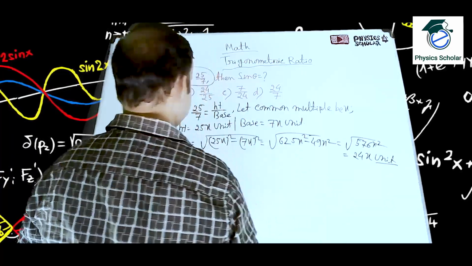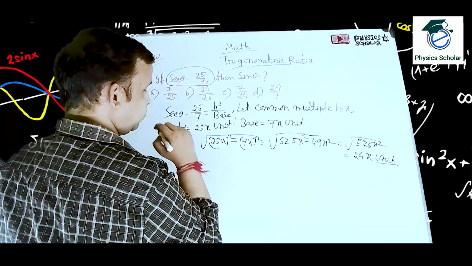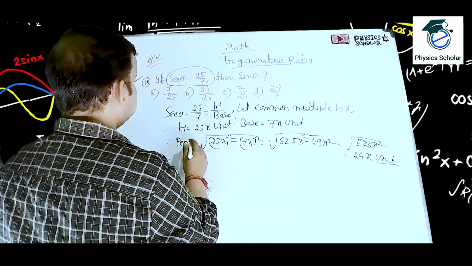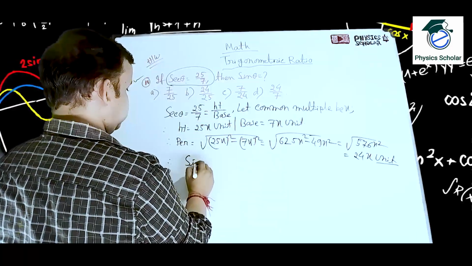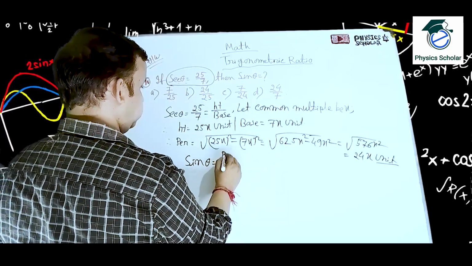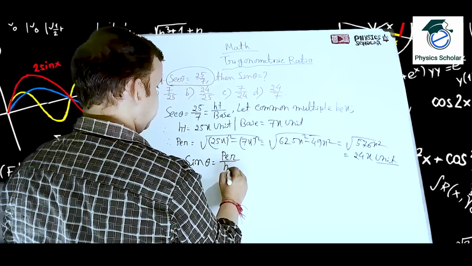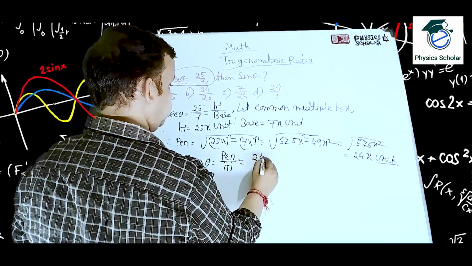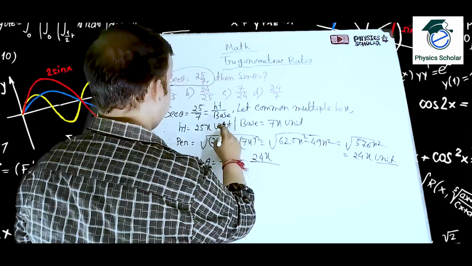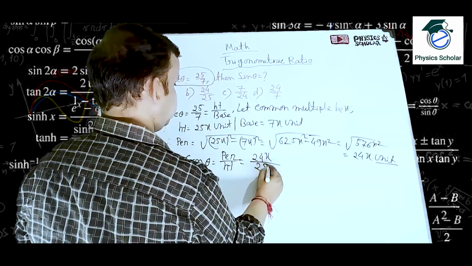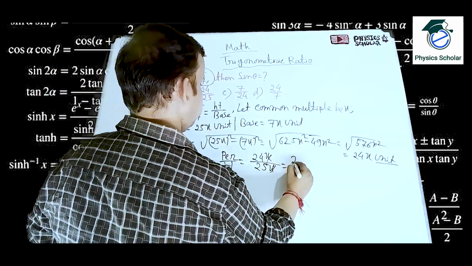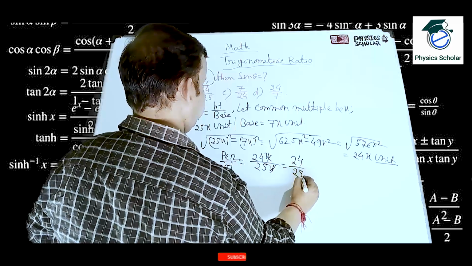Okay. So now sin theta is equal to perpendicular by hypotenuse, is equal to 24x by hypotenuse, which is how much? 25x. So it will be 24 by 25.